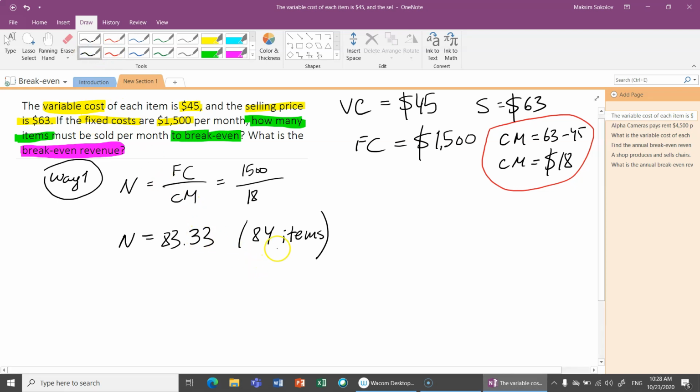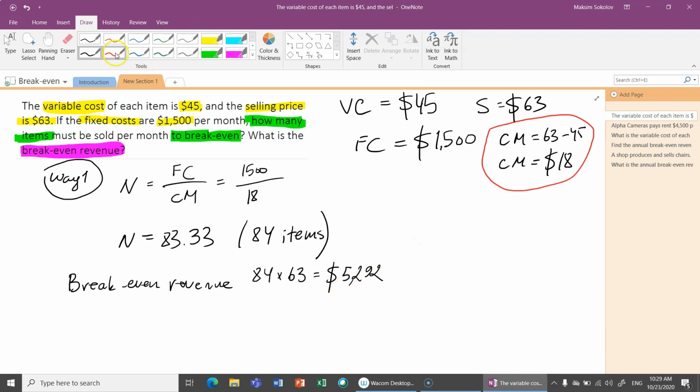Well, we already found 84 items here, so break-even revenue is 84 times selling price for each item, which is 63. It will be 5,292.